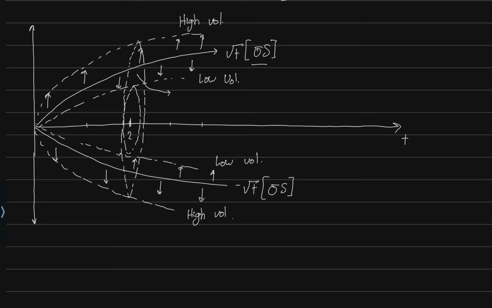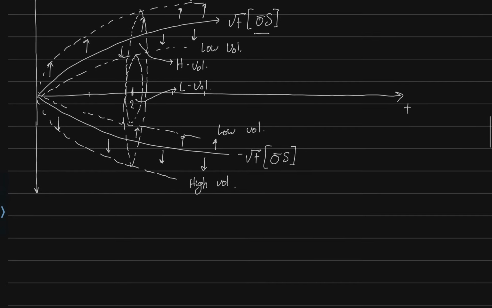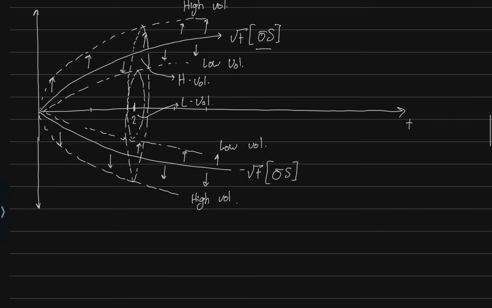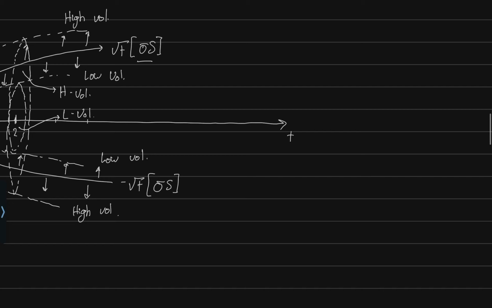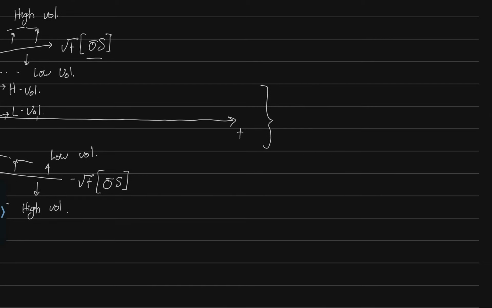So this area is going to be high volatility, and this area is going to be low volatility. And keep in mind, all of this is a discussion on our shock.